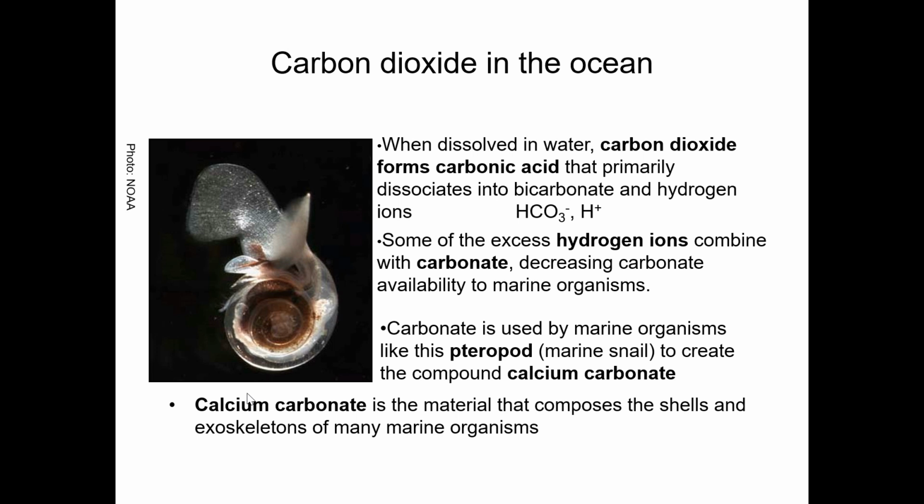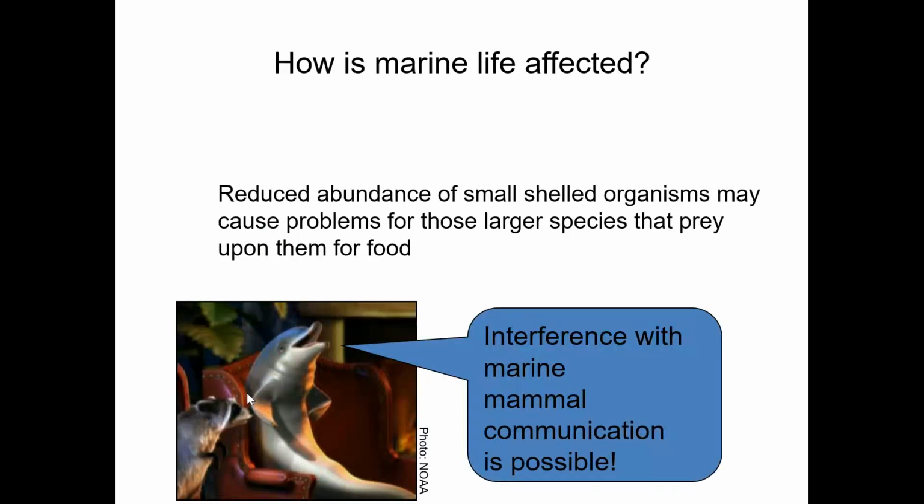Other ways that are kind of interesting about how this carbon dioxide in the ocean causes problems is, one, if you reduce the amount of shellfish, then all those animals that eat the shellfish as part of their food chain are interfered with. They do not live as long. They don't have as healthy of a life because there's less food to eat. So you say, ooh, I don't care. I don't like shrimp.